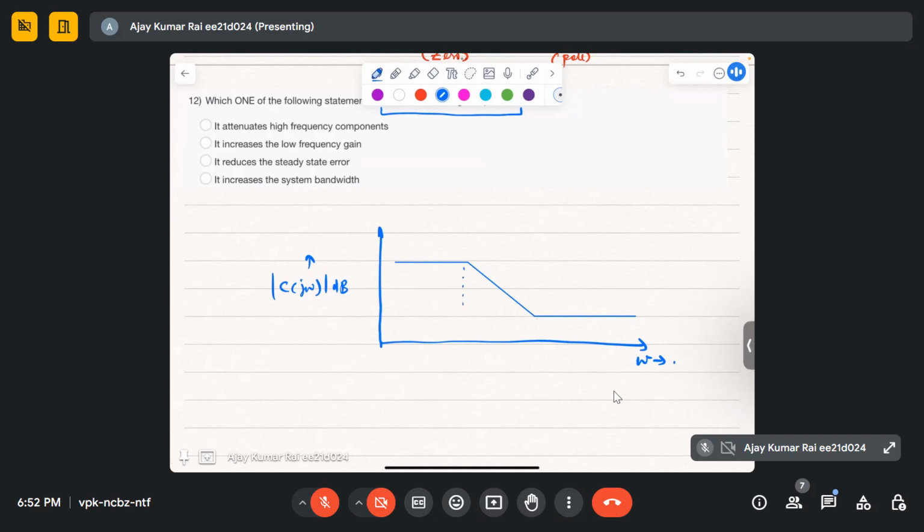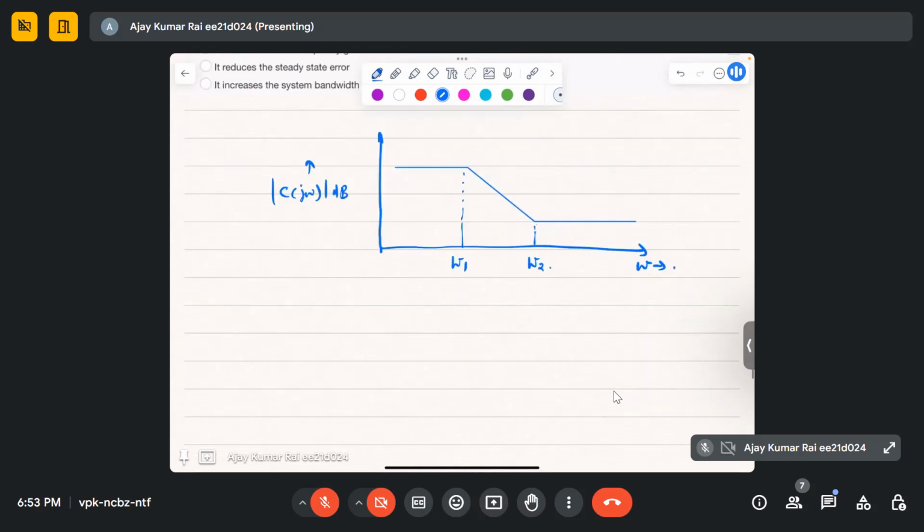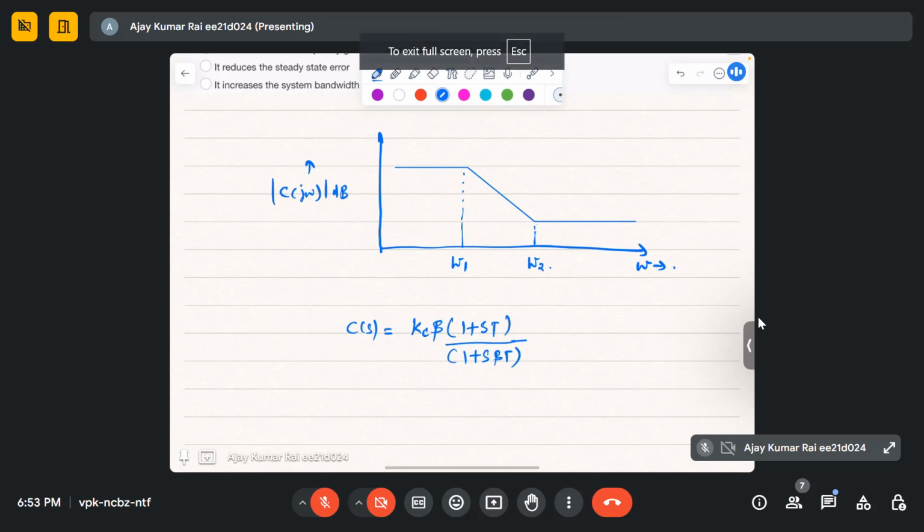Here we have one corner frequency and this is the other corner frequency. Let me write this as Kc times (1 + sβT) over (1 + sT). Just see whether this transfer function is correct or not.